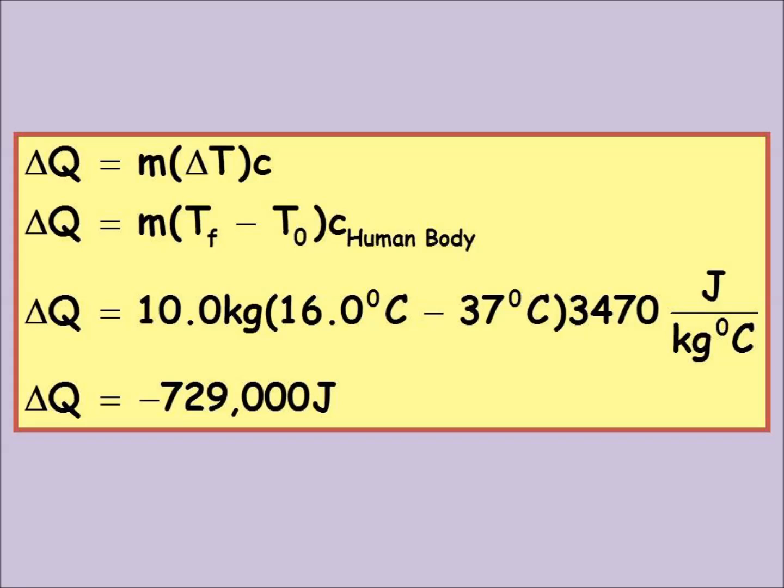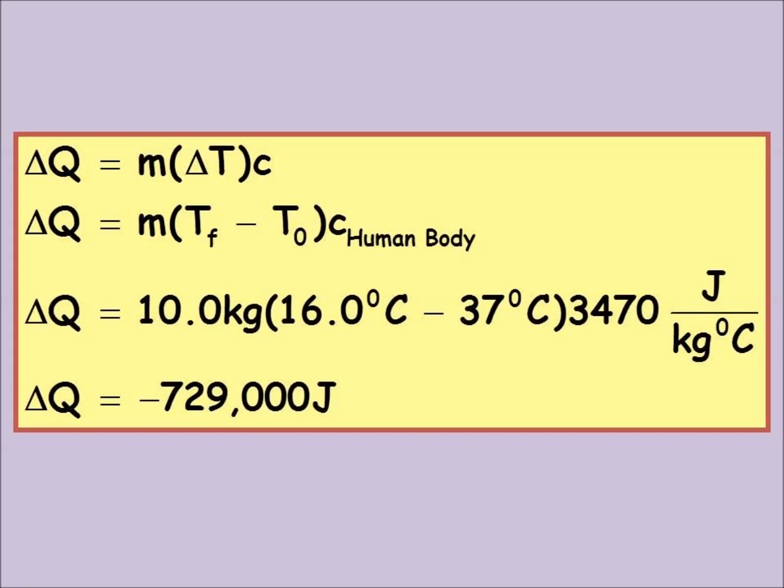We could use kilojoules per kilogram degree Celsius. That would mean the answer would be negative 729 kilojoules. Notice it's negative because it's losing, the body is losing heat. It's relative to the body, so it's exothermic relative to the body. You have to understand what perspective you're solving this problem in.